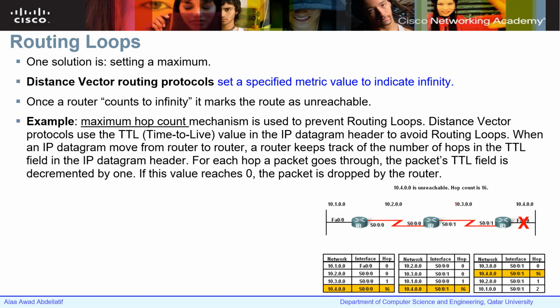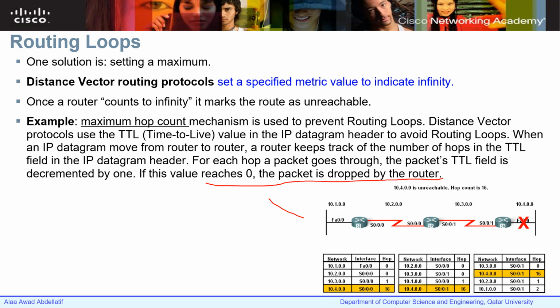And when I send my updates to R2, R2 will update it also to 16. And R2 will send to R1, R1 16. When I see 16, it means that this is unreachable. And even if I go through routing tables, the TTL or time to live will be decreased until it reaches 0 and the packet will be dropped.